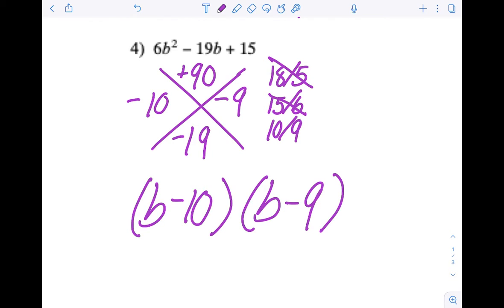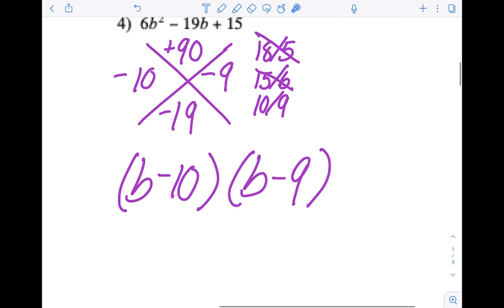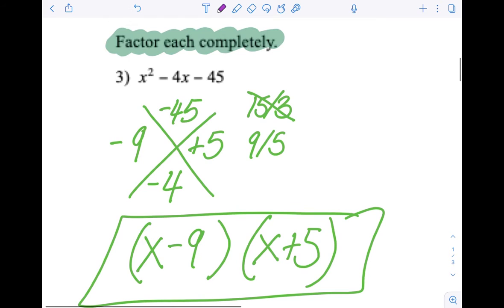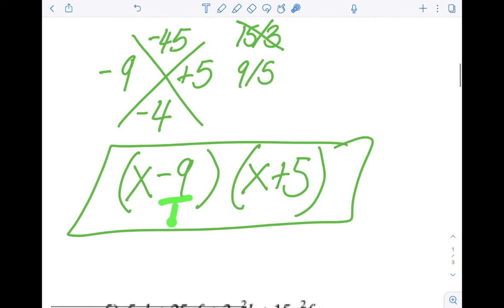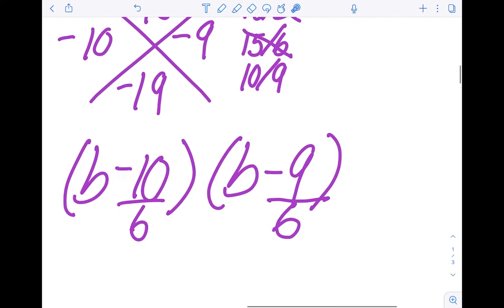Now, because we had this coefficient right here in front, I got to take that coefficient and divide both of my numbers here by 6. Divide by 6, divide by 6. In this first problem, there was no number here. Technically, there's an invisible 1, so I can divide both of these by invisible 1, but it doesn't change things. But in this case, there's a 6, so I got to divide.